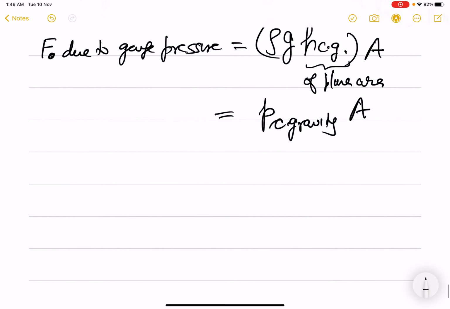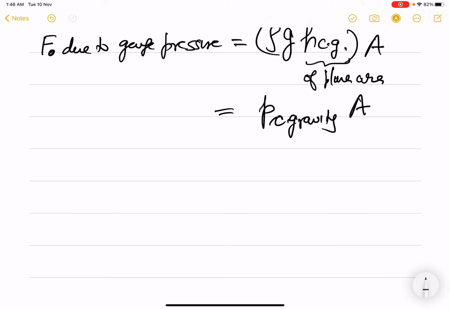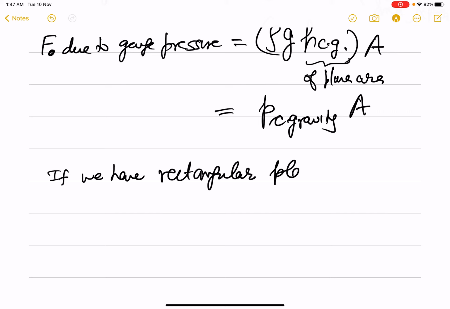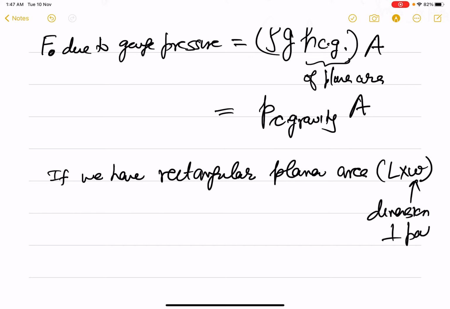So, for example, if we have a rectangular planar area of L by W dimension, W is the dimension perpendicular to the page.